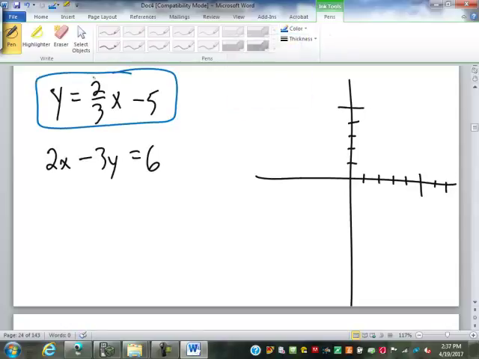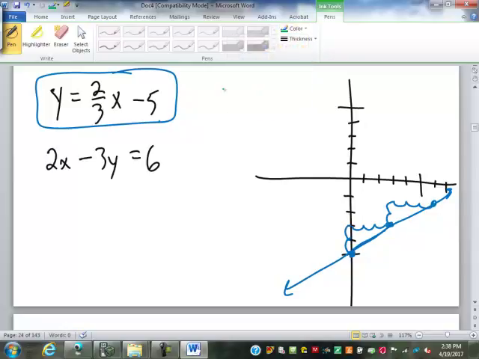First of all, is that ready to graph the way it is? Yes. Where do we start? At negative 5. So my first point is right here at negative 5. From there, where do I go? Up 2 over 3. I'm going to do it again. Up 2 over 3. So there's the line that describes that equation.